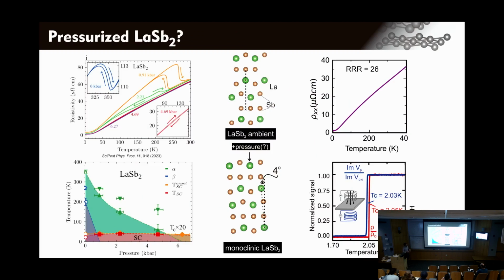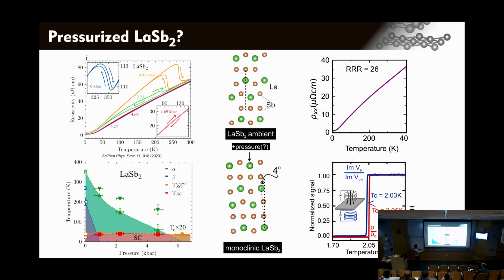So after all this is said and done, the hypothesis that we have is that we're actually stabilizing the high pressure phase of lanthanum diantimonide that has not been detected experimentally from a crystallographic standpoint. If we look at our rho T, you see basically a featureless rho T. And if you look in bulk, under pressure, which is the red and purple colors here, this is basically featureless.